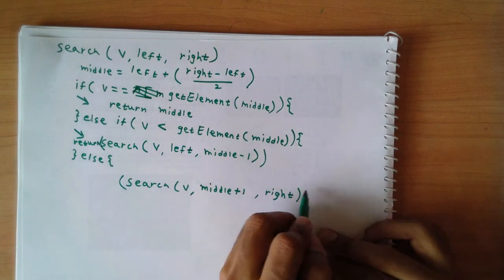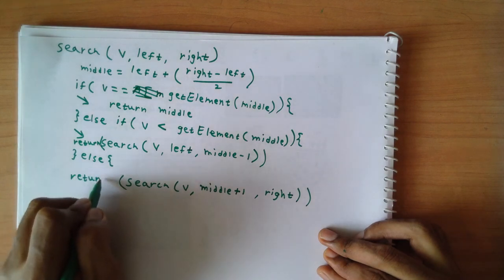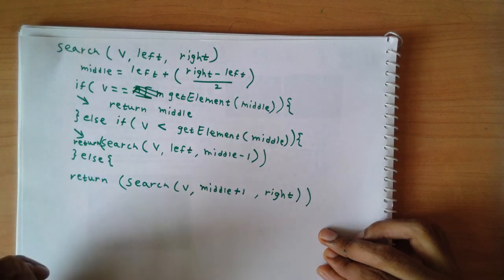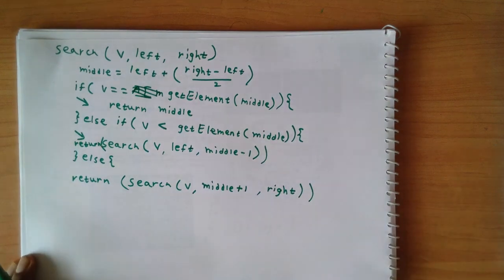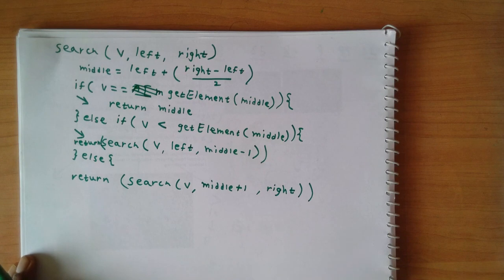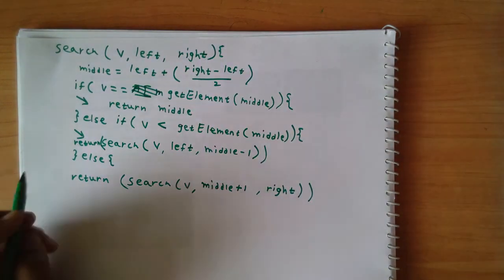And whatever is the result of this, I'm going to return that result. But that's not all. There are a few things that we need to tweak here, but this is the overall idea, and in the next video we'll see how to tweak this so that it becomes actually correct working pseudocode.